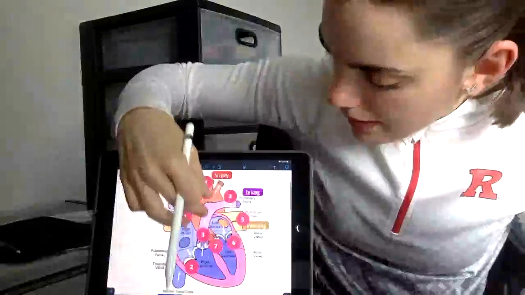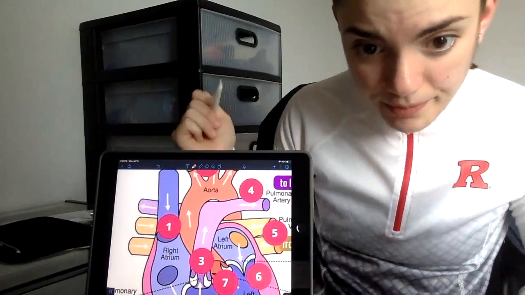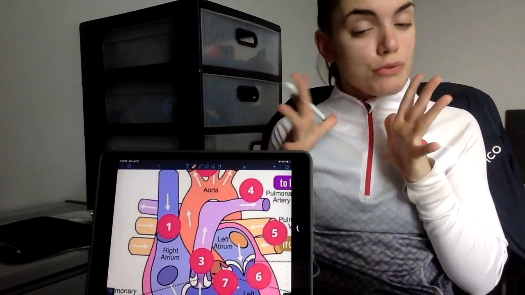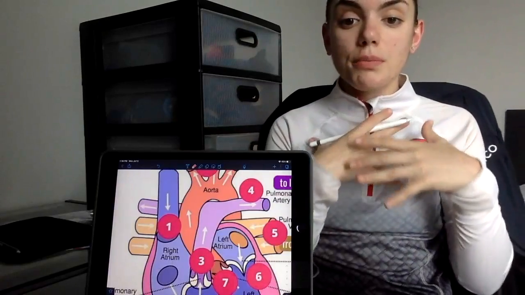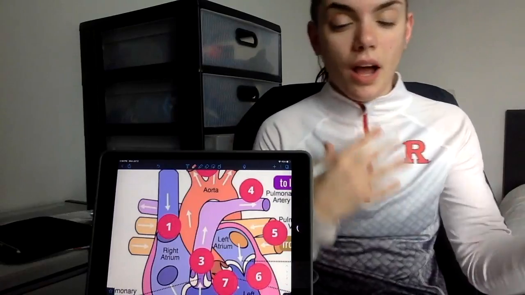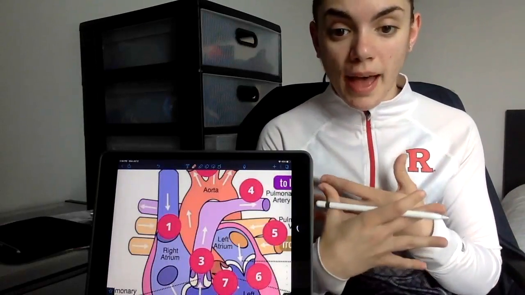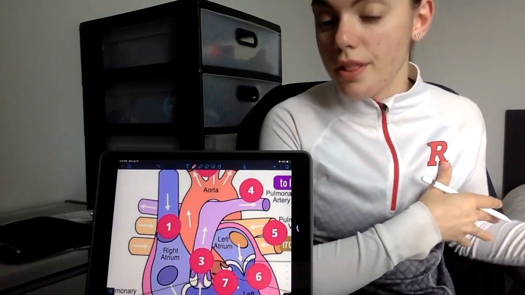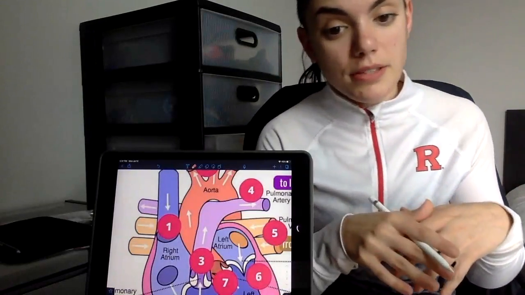Once the blood gets into the pulmonary artery, it's now sent to the lungs. This is the super, super important part. Once the blood goes to the lungs, it gets all that oxygen back that originally wasn't there after the blood came back to the heart through the veins.